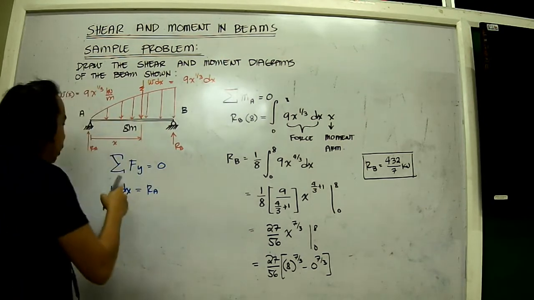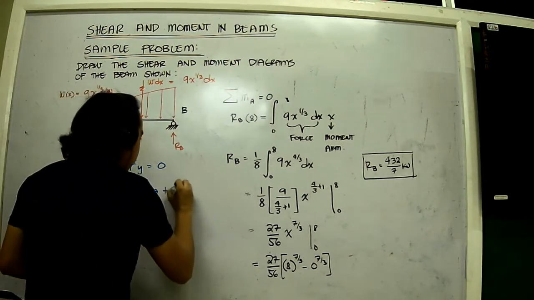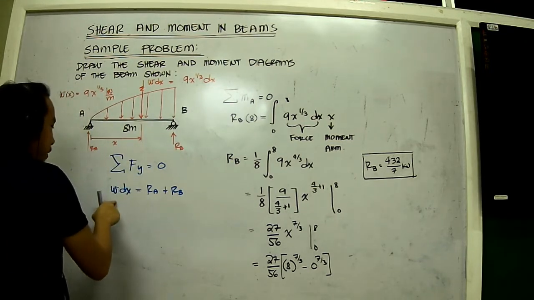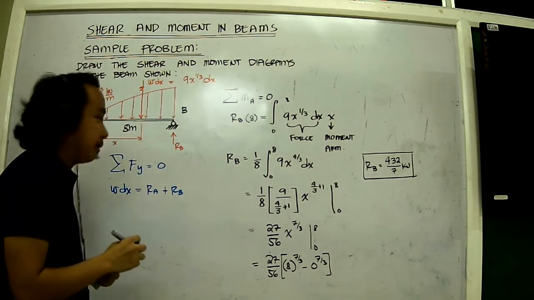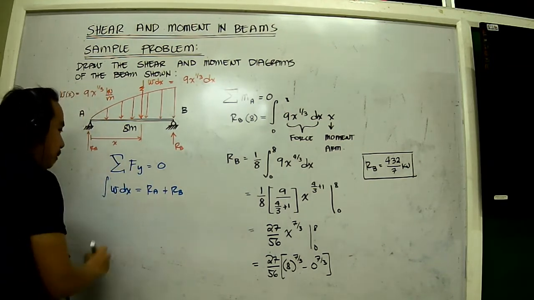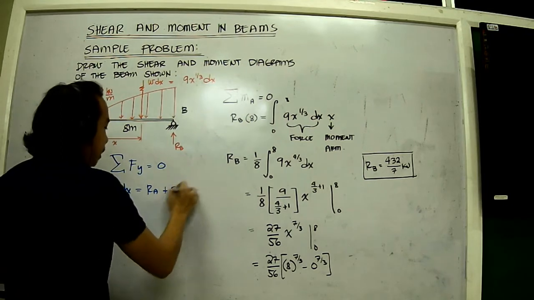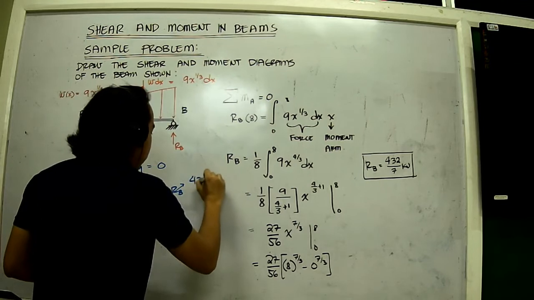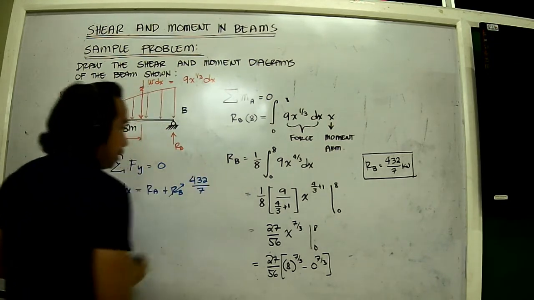RA is going up. RB is also going up. Wdx is going down. Now, we cannot handle differentials here, so I will just integrate this. Further elaborating, RB we've already solved for, which is 432 over 7.